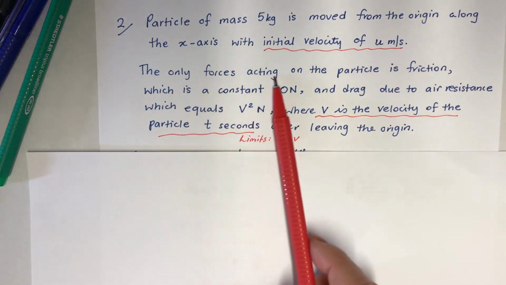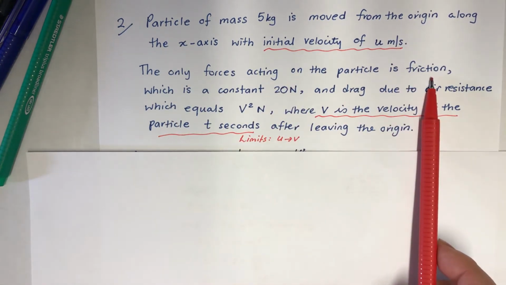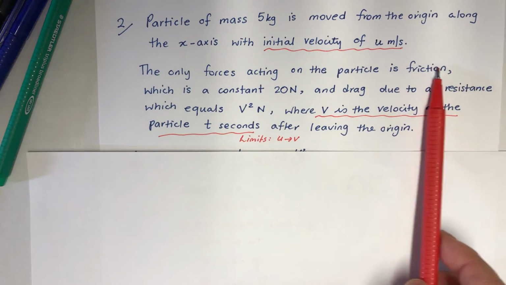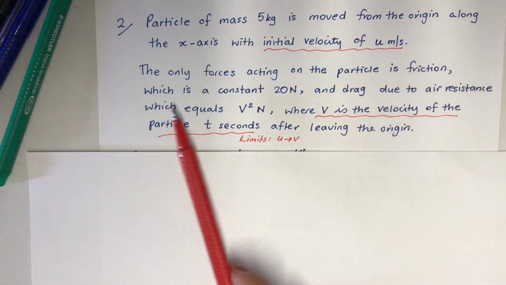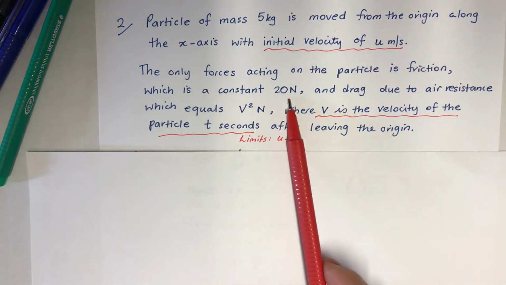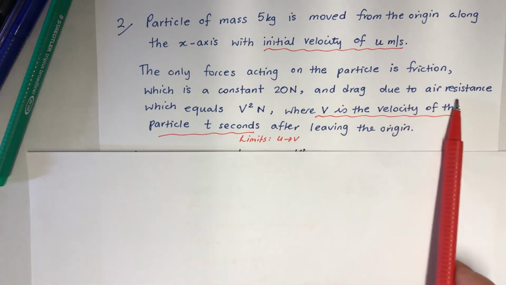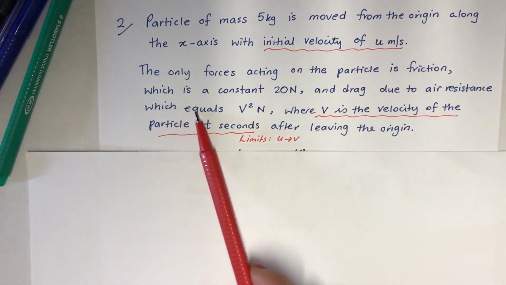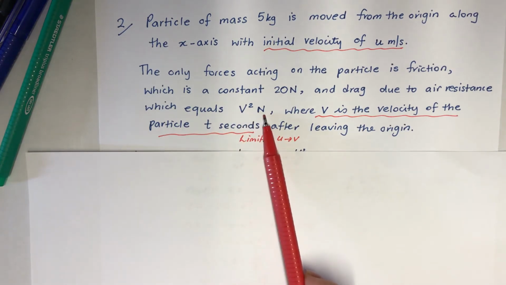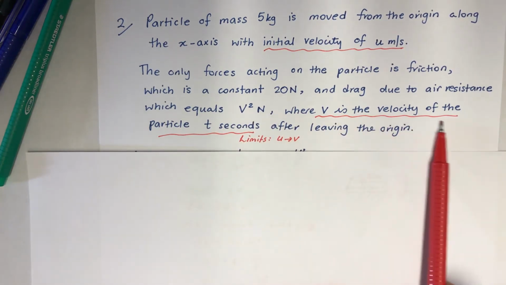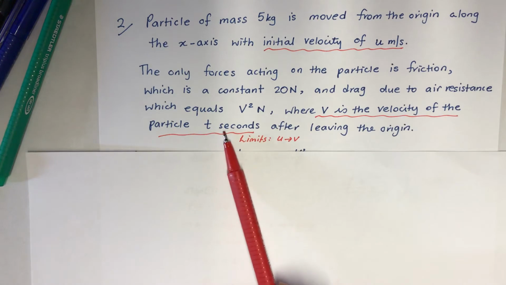The only forces acting on the particle are friction, which is a constant 20 newtons, and a drag due to air resistance, which equals v squared newtons, where v is the velocity of the particle after t seconds.